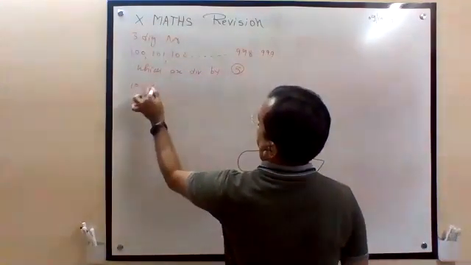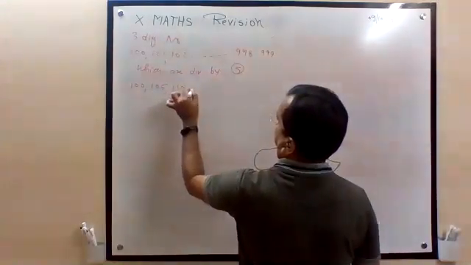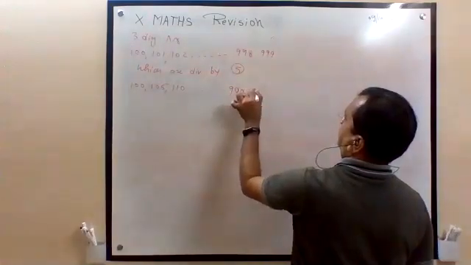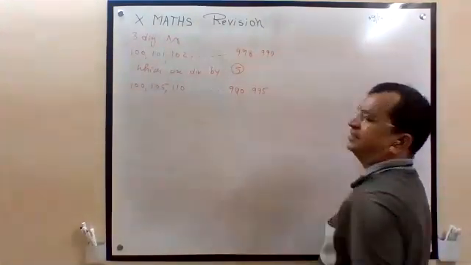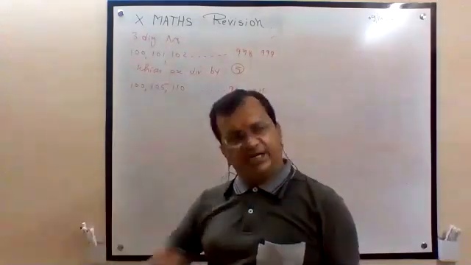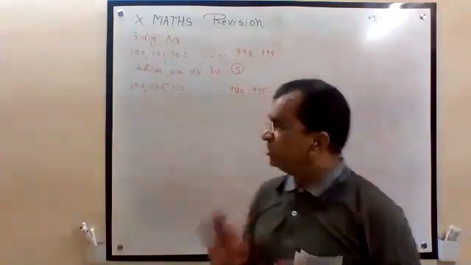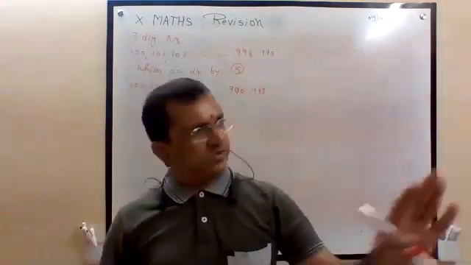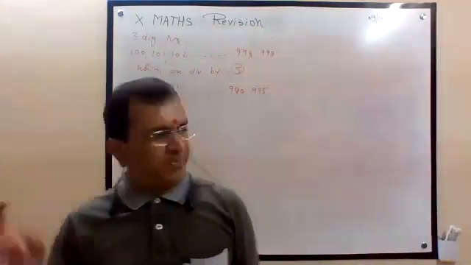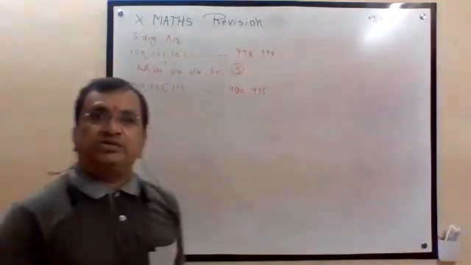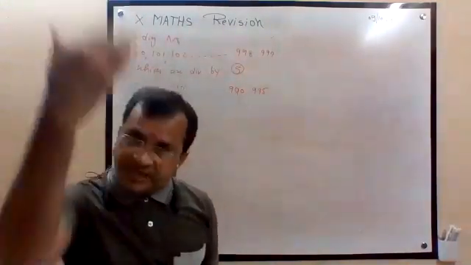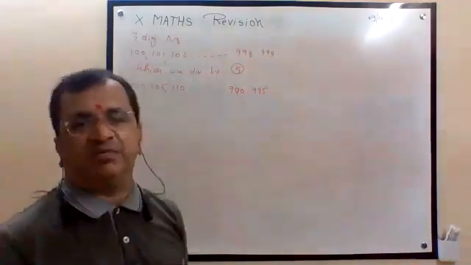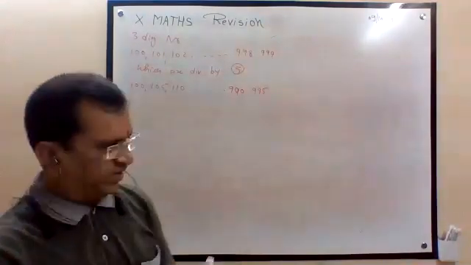That is 100, 105, 110, up to 990, 995. First find which are the 3-digit numbers, that is from 100 to 999. Then find which are divisible by 5 from that series only. And now we have to find how many numbers are divisible by 5.